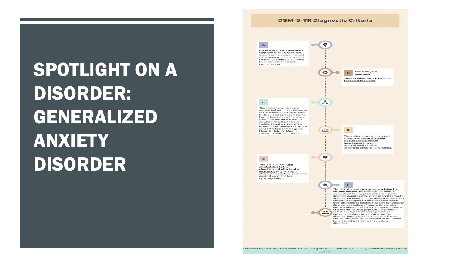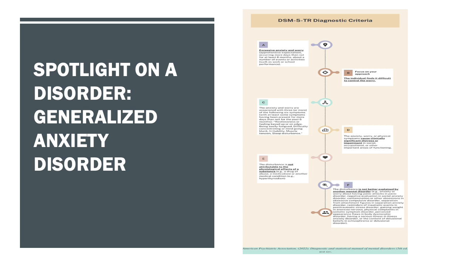So the worry and anxiety is excessive and occurs for a duration of at least 6 months, and then we have criterion B. The individual finds it difficult to control the worry. So remember, both criterion A and criterion B must be met, as well as criterion C.